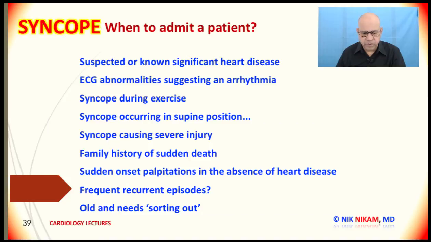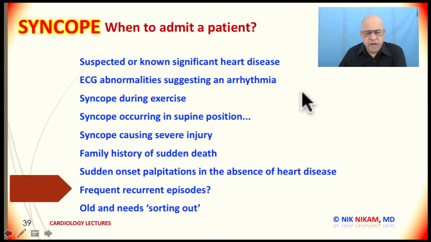So these are some of the subtle differences that will help us to differentiate between a true syncope and a patient with a seizure. When to admit a patient to the hospital? After you've taken the history, you've examined the patient, you've done the basic laboratory studies, now when do you admit these patients? Who do you admit and who do you send home? If these patients have structural heart disease with a syncope, they need to be admitted. If there are EKG abnormalities suggesting arrhythmias, again they need to be admitted. If the syncope occurs during exercise, that's a poor prognosis.